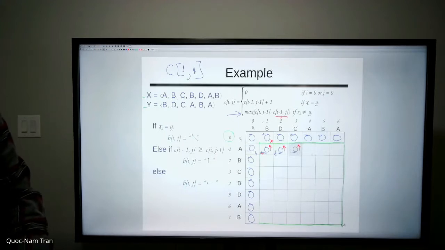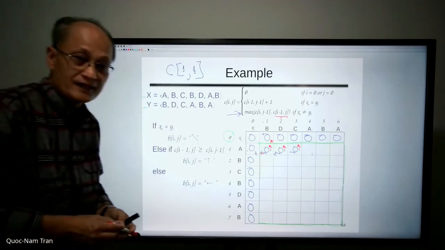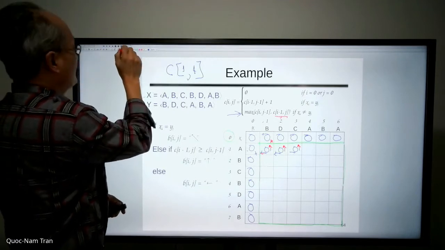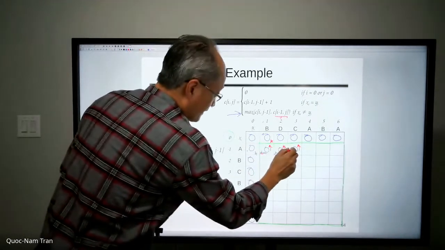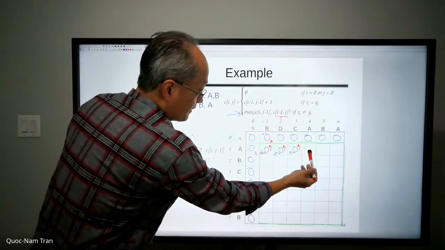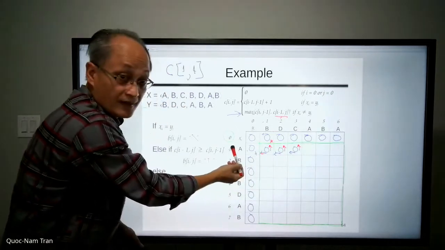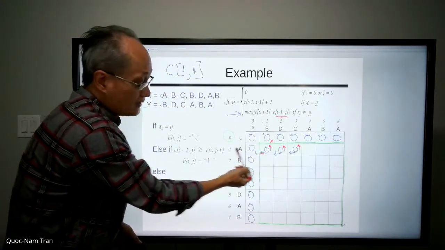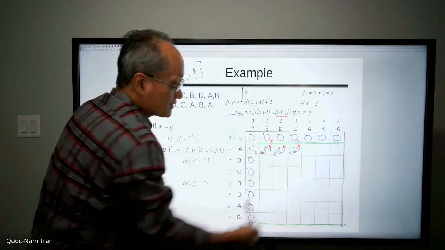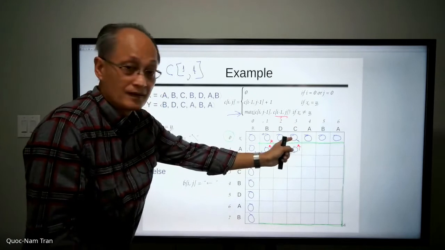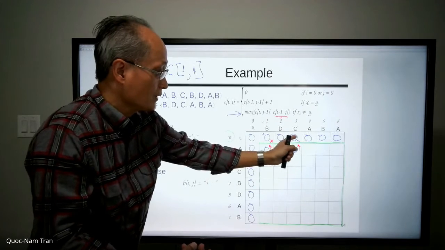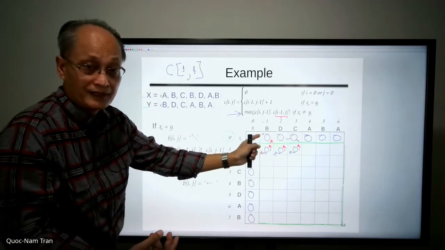Now when we come to this one, it's a different story, right? For this one, they have the same letter. So the value here will be the longest common subsequence of the previous substrings: the first one has 0, and then the second one has 3, right?